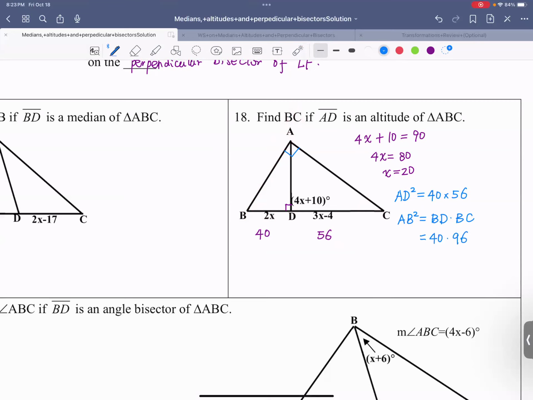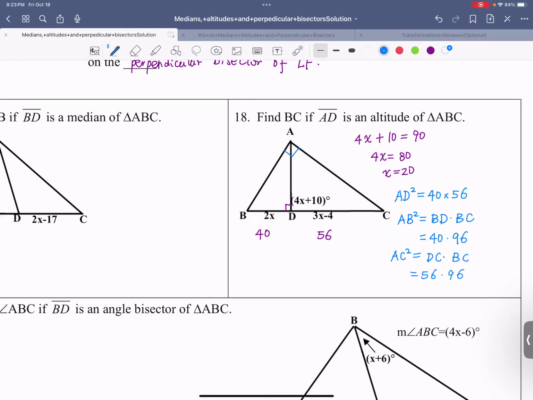Same thing for AC squared. How do you get AC squared? It was that guy times that guy, right? Same pattern: DC times BC, which is 56 times 96.